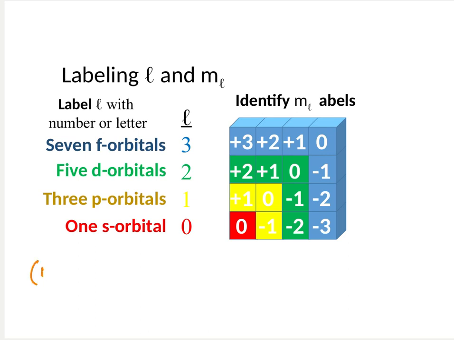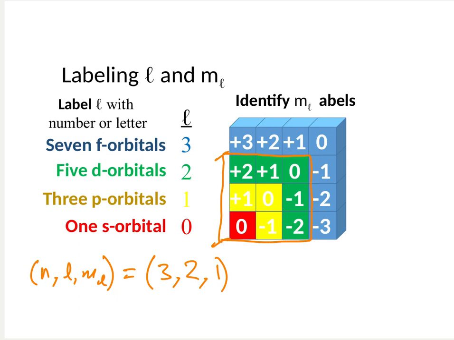So for example, if I gave you an n, l, m sub l combination that corresponded to 3, 2, 1, you could come over here and say, okay, I know that I'm going to be in a 3-story house, so I'm going to be looking at this portion. A 3-story house, and I know that I'm dealing with an l equals 2. So the l equals 2 level is going to be our outermost story of the house, denoted here in green.